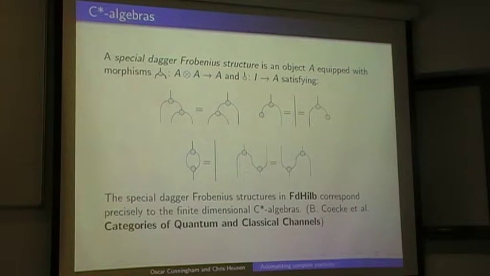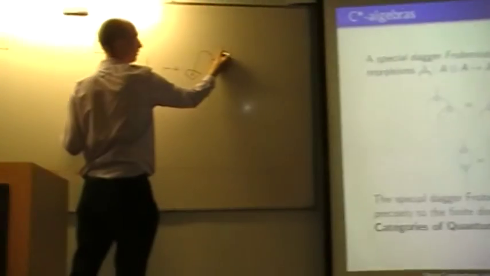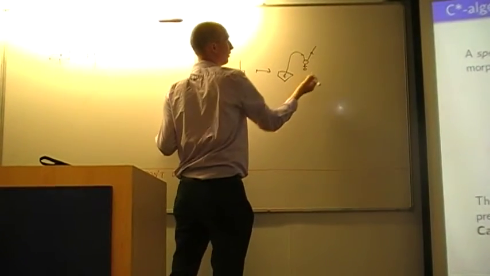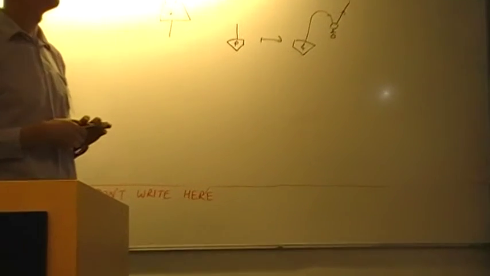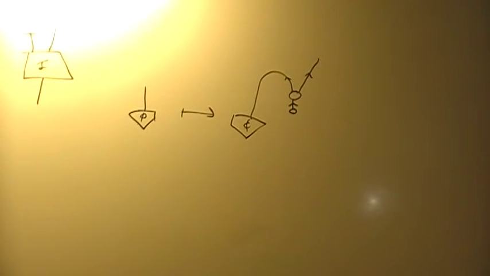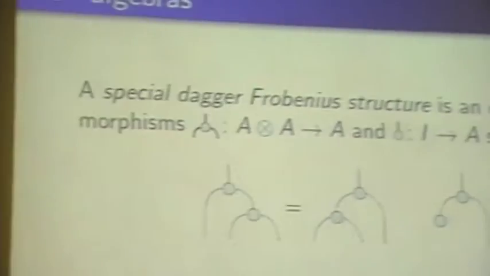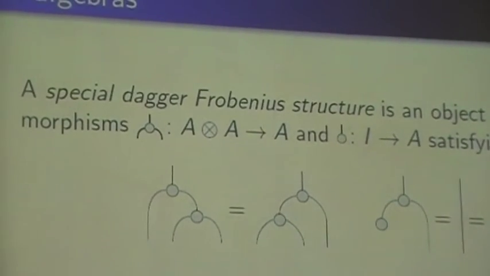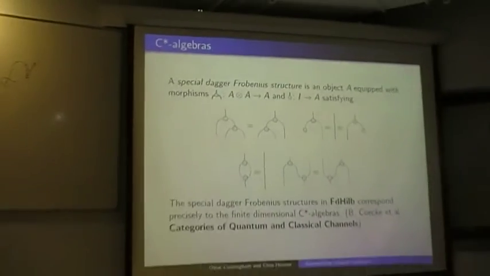And that's given by i goes to its conjugate with that map. And so that gives you the correspondence between Frobenius structures and C-star algebras. Although it's finite dimensional, so we could have said star algebras, and we could have said von Neumann algebras, and it wouldn't have made any difference.